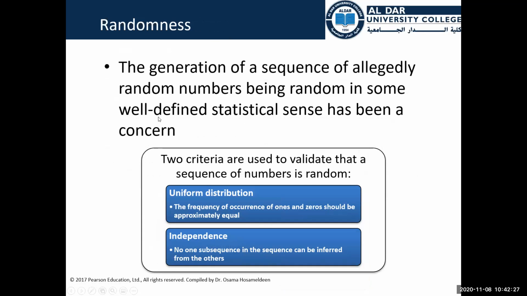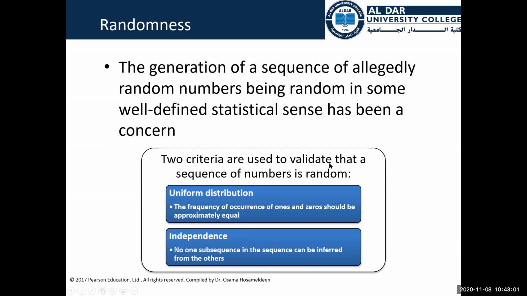The randomness means that the generation of a sequence of allegedly random numbers being random in some well-defined statistical sense has been a concern. We need the random number to be random in a statistical sense: the number of ones, number of zeros, the average number of ones, the average number of zeros, and so on. These are statistical properties of a random number.